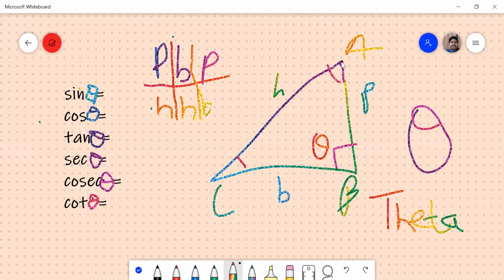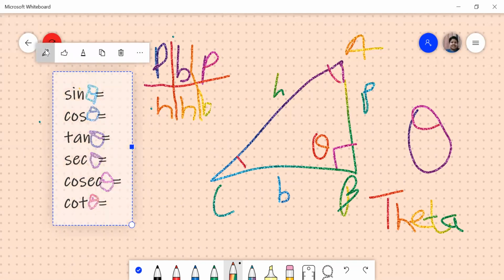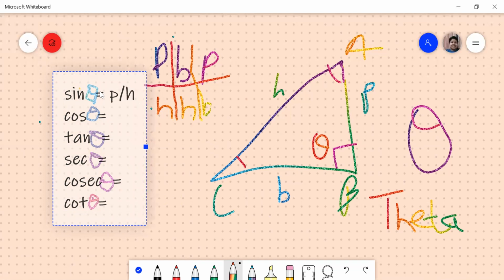P by H is perpendicular by hypotenuse. So when you take perpendicular by hypotenuse, it will be sine theta. It will be the formula for sine theta. So let me write it here. P by H.